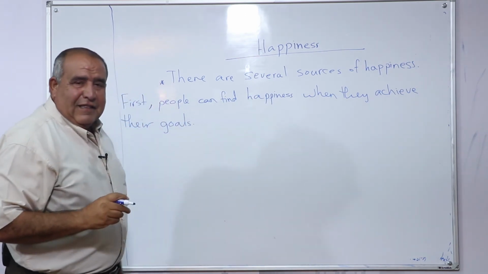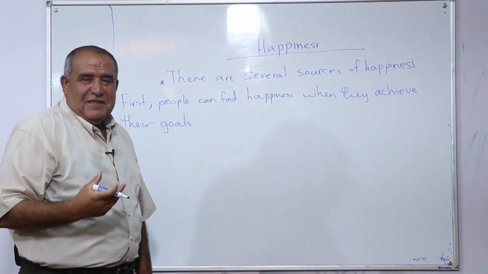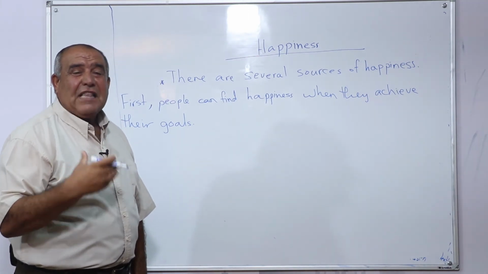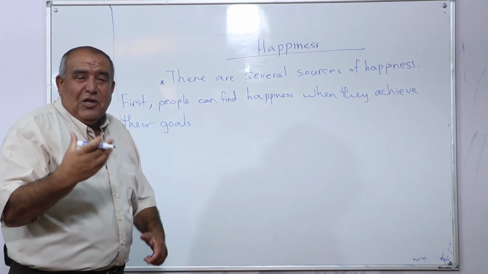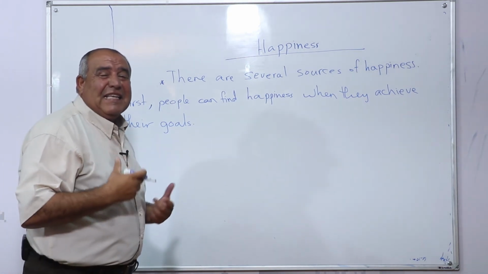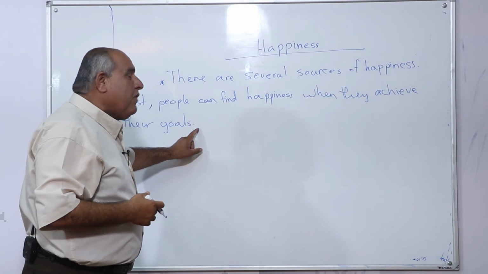Which means that when somebody achieves, fulfills what he admires to do, in this case, he gets happy. This is the first source of happiness.